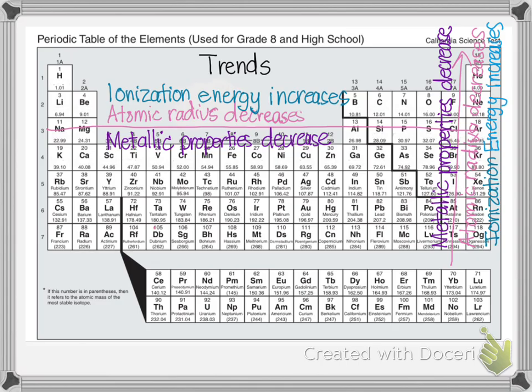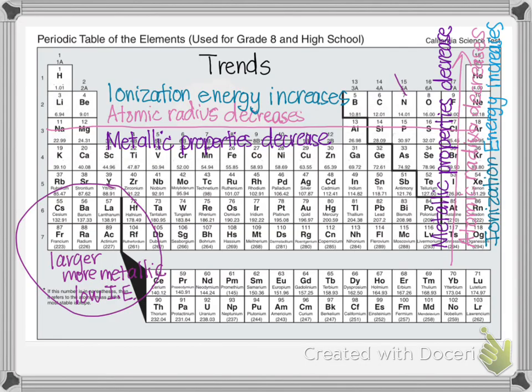It's hard for me to write it now just because of how much writing I have. But what we know here then, if I was summarizing it, down here these are larger, more metallic, and they have a low ionization energy.